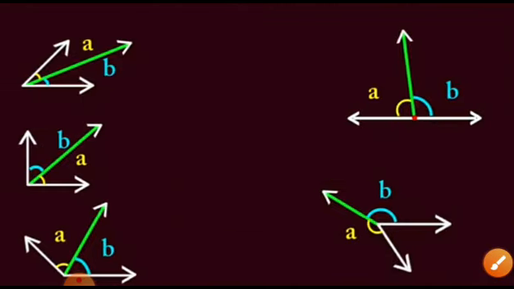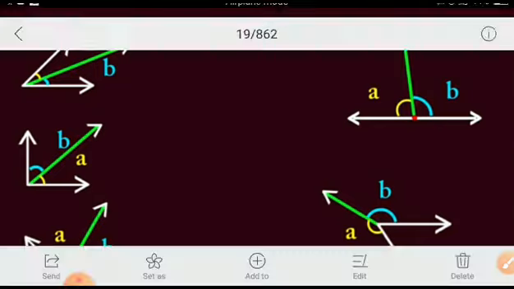Is this clear? Next. Now see, in this figure, you can see that the green ray is between the two arms. I have drawn it between the angle. The angle is divided into two parts when I draw that green ray. You have got angle A and angle B in each figure.